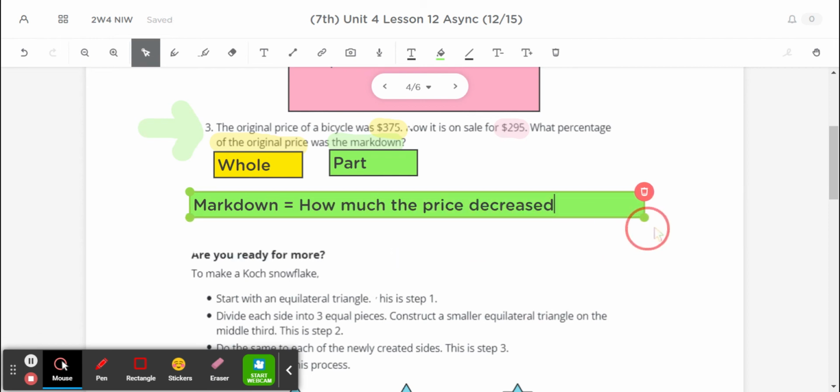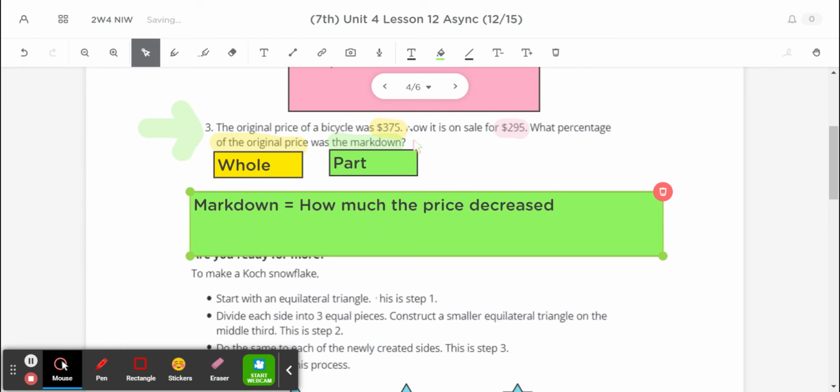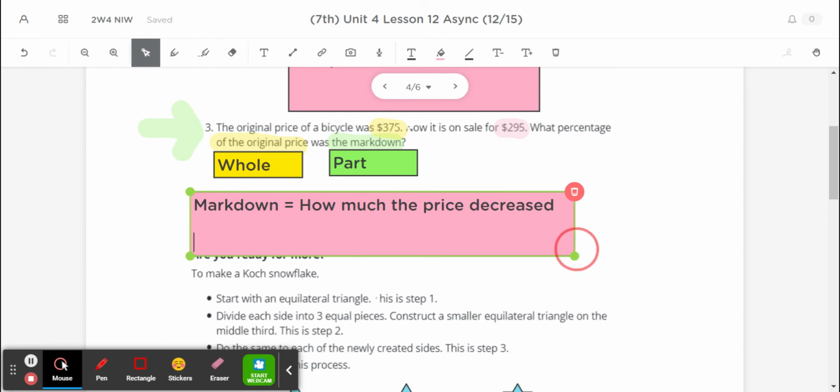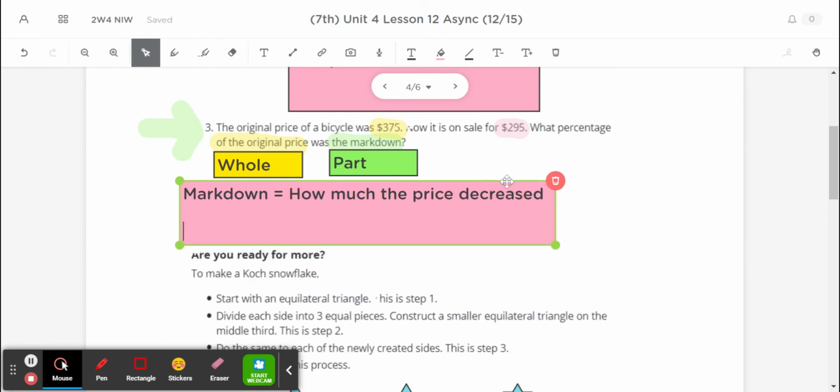In this case, the price went from $375 to $295. So how much did the price decrease? Well, I know that 375 minus 295 is equal to a markdown of $80. So this is my markdown.